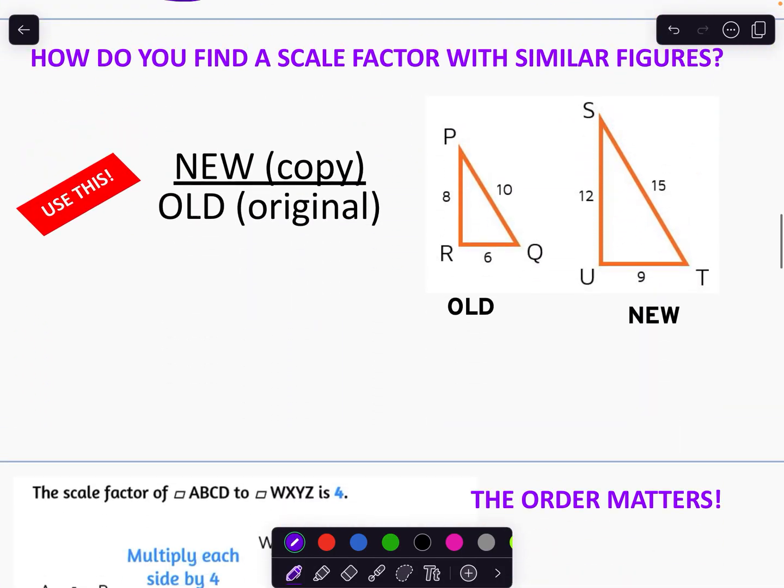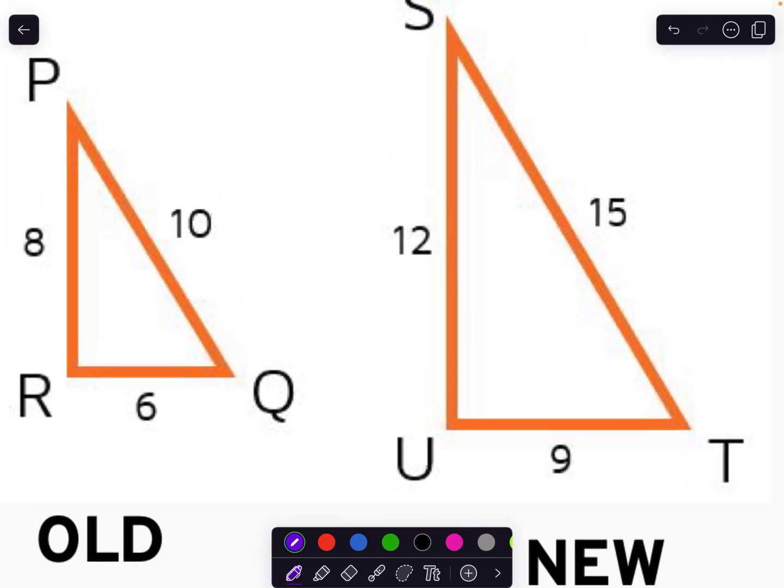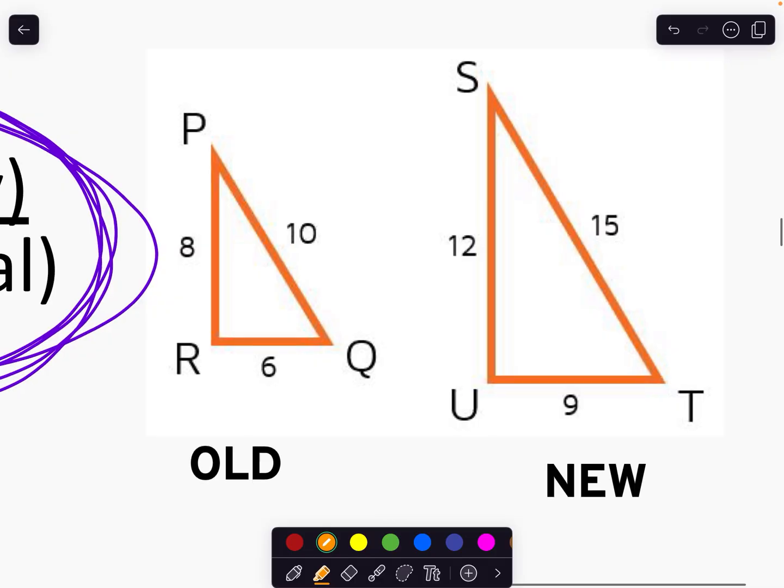Okay, down here. Scale factor is something we can figure out with similar figures. This is the way you want to do it always when you do scale factor: you put the new measurement over the old original measurement. We've got 2 similar figures, 2 similar triangles. We're going to put the new over the old. It doesn't matter which set of corresponding sides you use. So maybe I'll just use these 2. On the new one, it's 15 units.